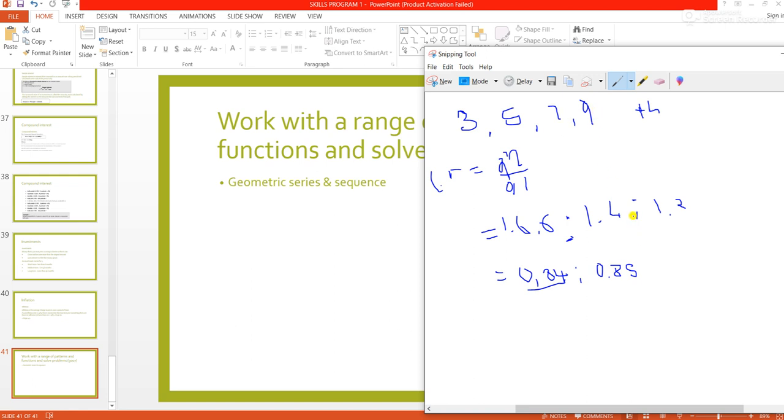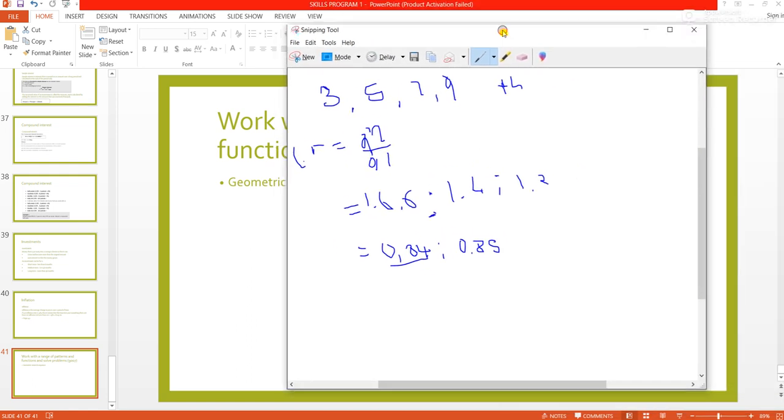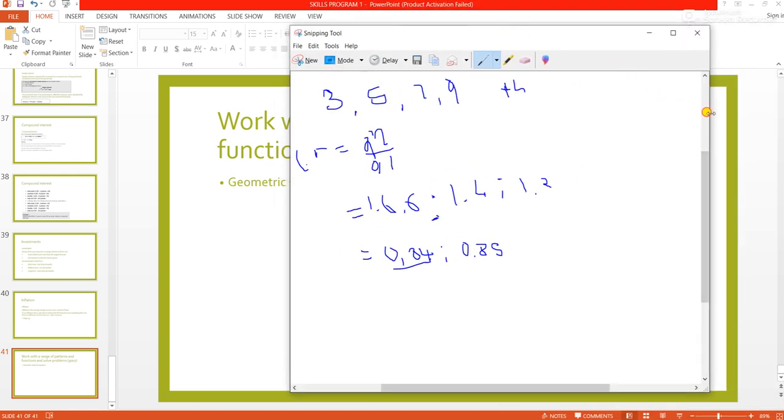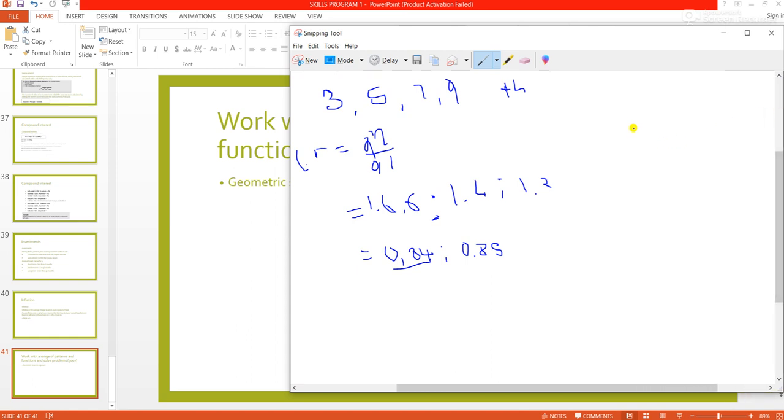Using this formula to add these within the series will take time. So we can use the geometric sequence formula to determine the 10th term.